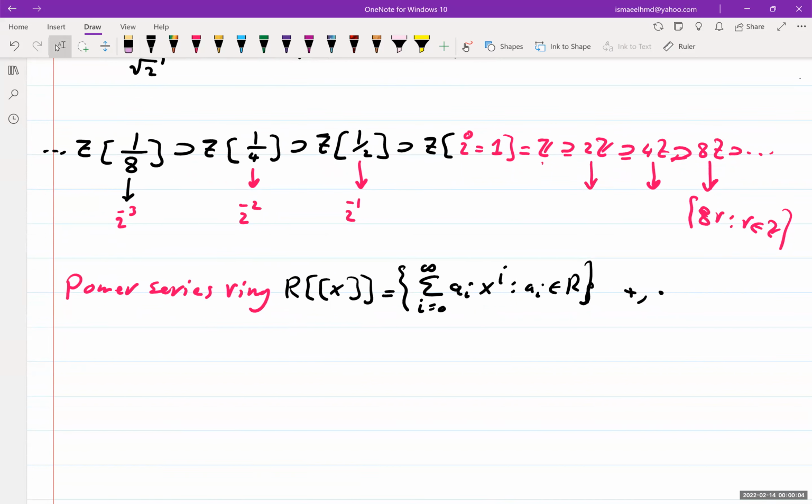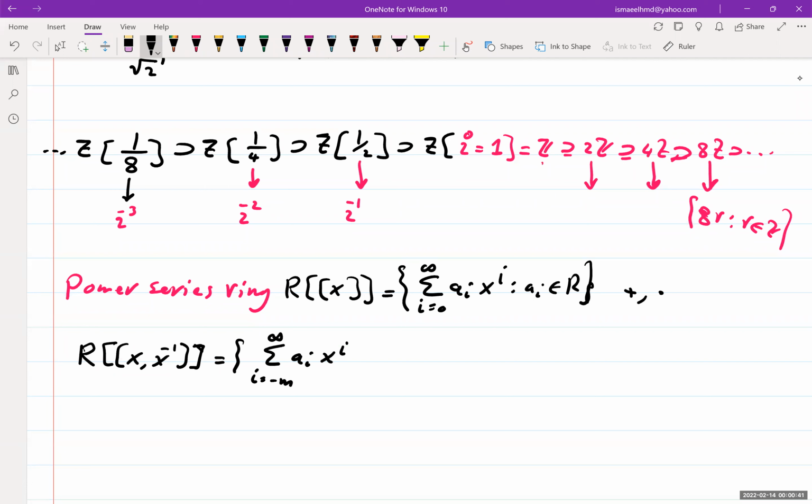If we adjoin also x inverse, we get R of x and x inverse, which is the set of all Laurent series, the sum of a_i x^i, i from minus m to infinity.